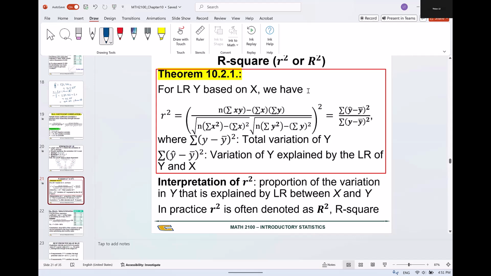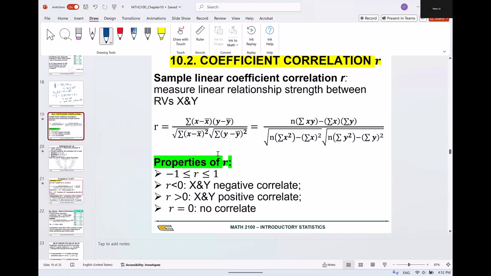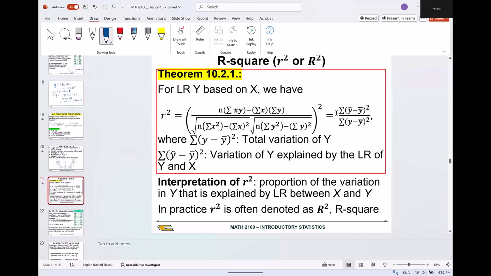We can show that for a simple linear regression, the R specified here, if we square it, can be rewritten as the summation of (y hat minus y bar) squared, where y hat is on the linear line, divided by the summation of (y minus y bar) squared. This denominator has a meaning: it tells us the total variation of y, okay, the total variation of y.